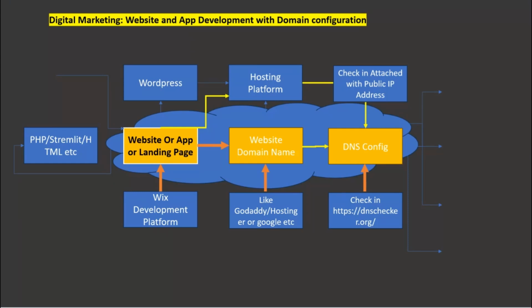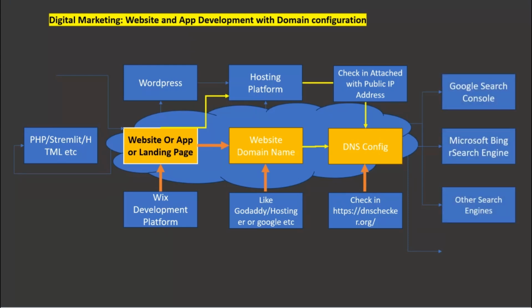So our IP address, our website should be populated to all the servers across India or across the world. And once it is populated, from this DNS checker, dnschecker.org, you can know that my website IP address is now populated, then your website is ready. You can browse your website. Anyone can browse your website anywhere from the universe and see what this website is.